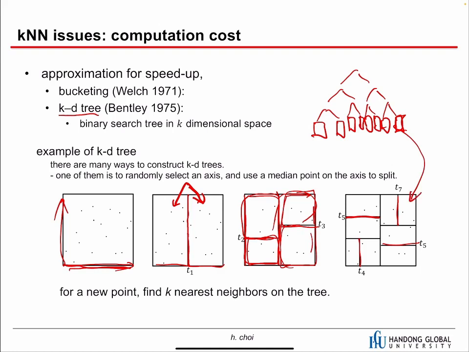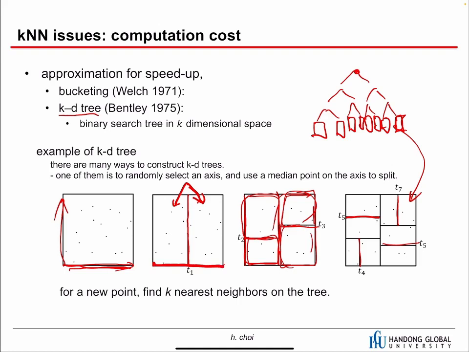When we have a new data sample, we have to find the k nearest neighbors. Instead of calculating the distances between the test sample and all the training samples, we use this binary search tree. From here, we know which axis we used to split.